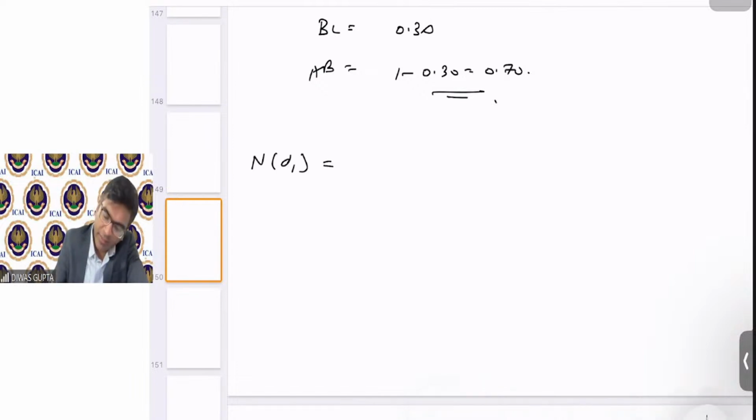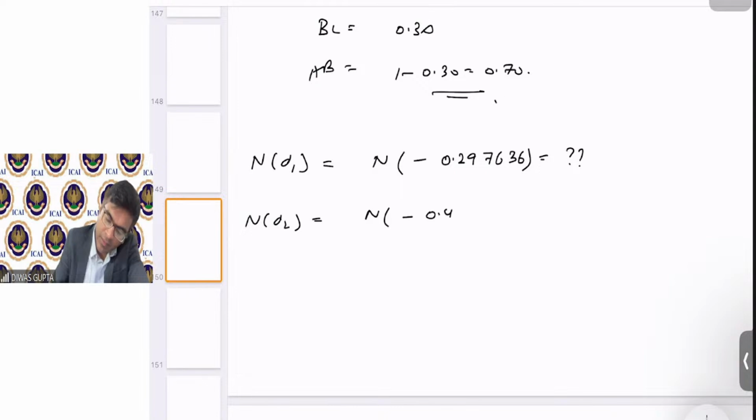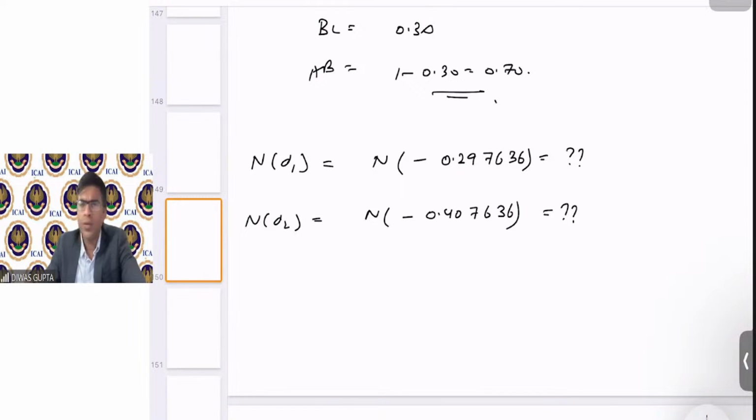Yes, students, ND1 will be N minus 0.297636, will be equal to what? And ND2 will be N minus 0.407636.